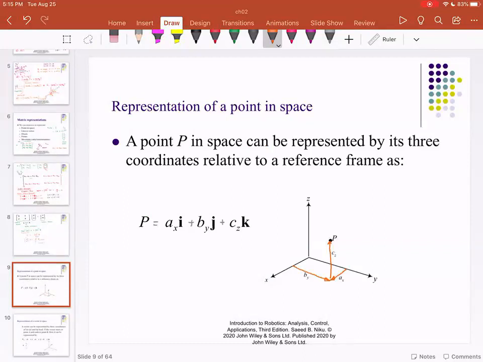So I's, J's, and K's are nothing but the unit vectors, and you can represent a position of point P by means of the travel in the direction of that unit vector. So this actually is the magnitude, and this is the unit vector.